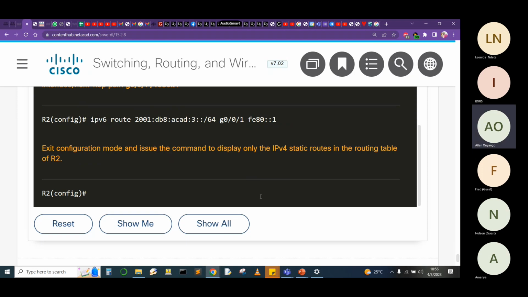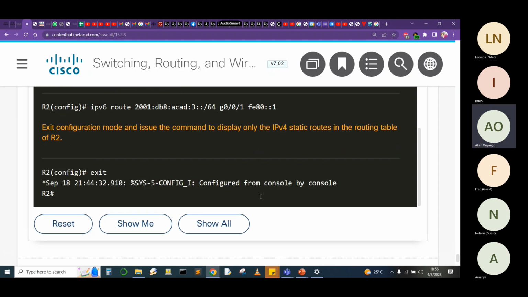We're told to exit configuration mode and issue the command to display only IPv6 static routes. That word only is very important. So if you're told to display only IPv4 static routes in the routing table, I'm going to show you how. Let's exit first to go to privileged EXEC mode. To display only IPv4 static routes, you say show ip route static.